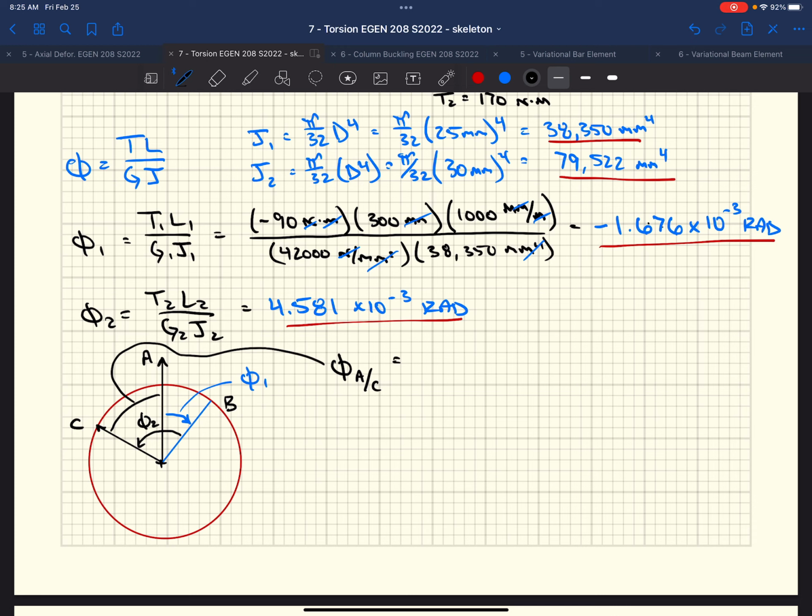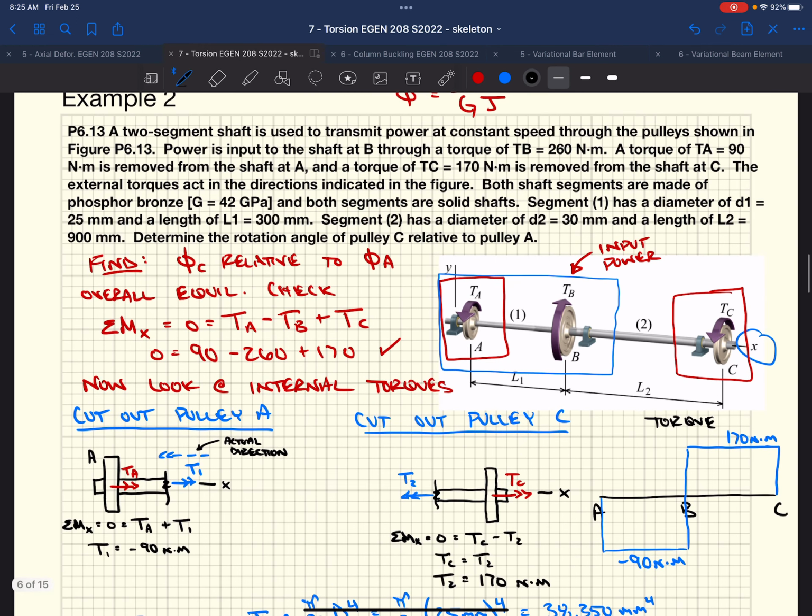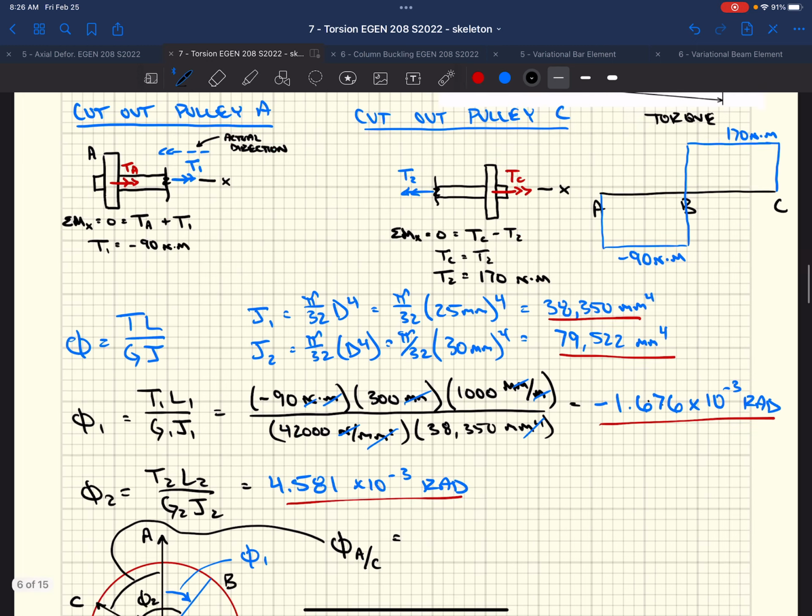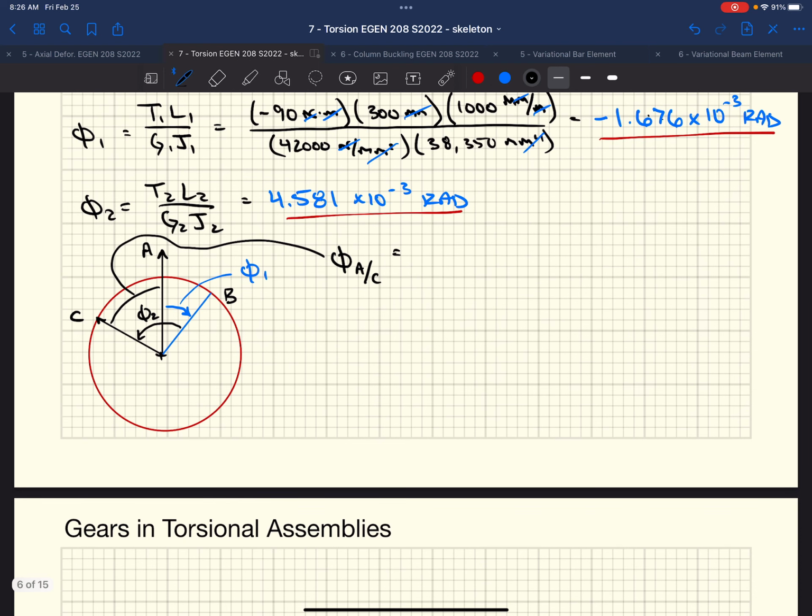This might be because even though these two pulleys are pulling power off of the shaft, and they're, I guess, 0.3 meters on one side and 0.9 meters on the other side, these two might be connected somehow down the line, and there might be an issue with if A and C rotate too much relative to one another, we could screw up alignment down the line, right, with the mechanism that we're powering.